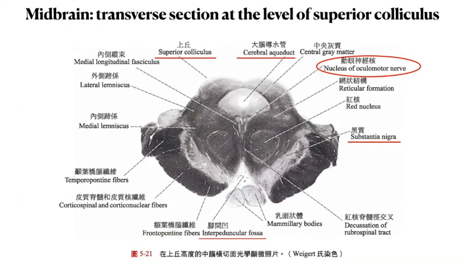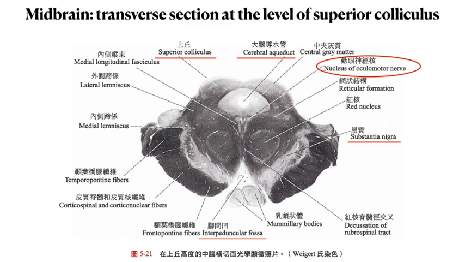Now we are going to look at the transverse section of the midbrain. For the transverse section, you have to imagine that you cut the brainstem on the transverse plane. On this picture, the brainstem is cut at the level of superior colliculus. So it is cut on the transverse plane, but at the level of superior colliculus.